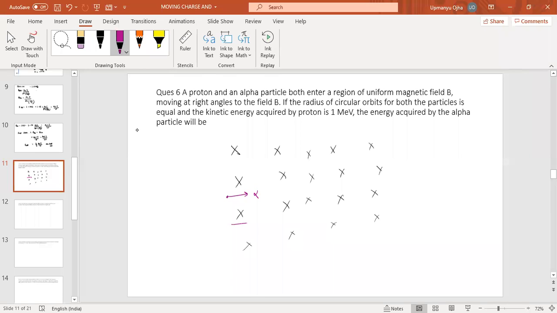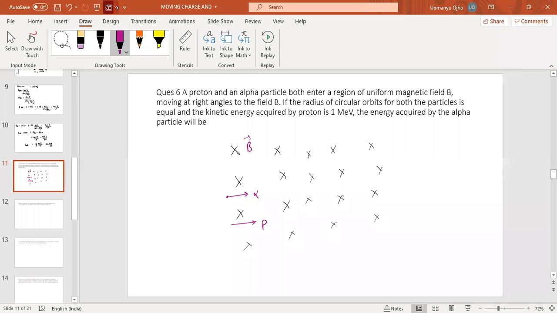Both enter the field and both make the same radius r. Okay, fine. So in this case the angle between the velocity and the magnetic field is 90 degrees, because we assume the magnetic field is inside the plane and the alpha particle and proton are moving in the plane.